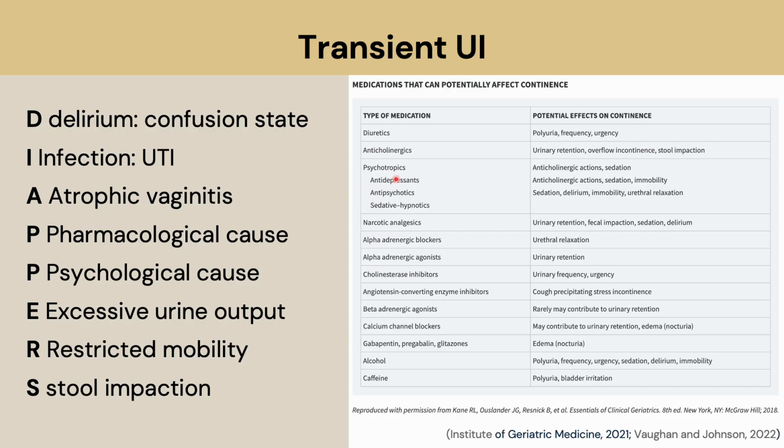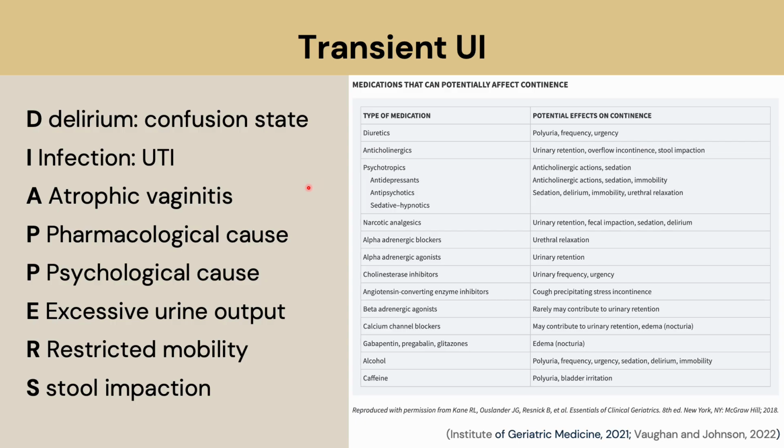For example, anticholinergic drugs, which inhibit acetylcholine at the M3 muscarinic receptors. Acetylcholine is essential for parasympathetic mediated detrusor contraction during the voiding phase. Blocking this can impair bladder emptying, leading to urinary retention or overflow incontinence.